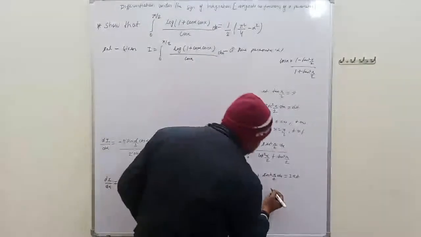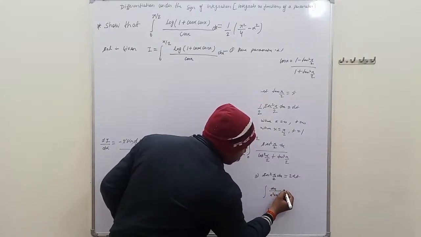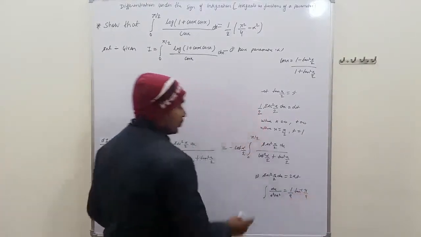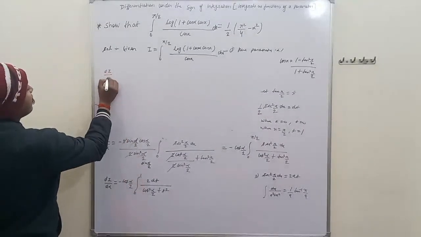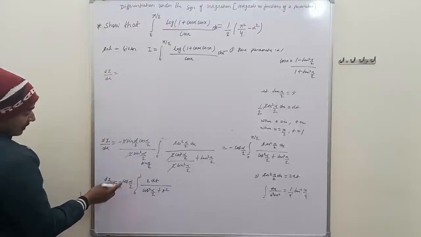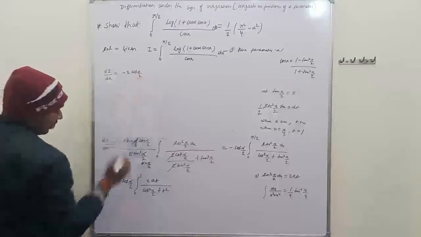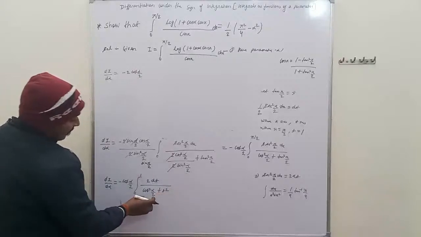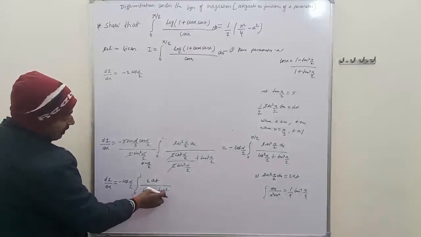Further we have to solve using the formula. We know that integral of dx upon a square plus x square is given by 1 by a tan inverse of x by a. Using the following formula here, dI by d alpha, and here minus 2 is taken outside, that is minus 2 cot alpha by 2, and here let a be cot alpha by 2, so this is a square plus t square.